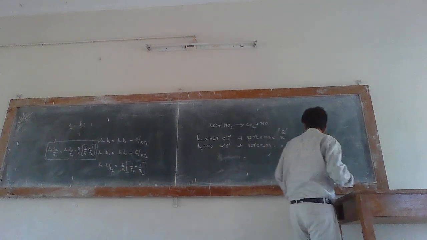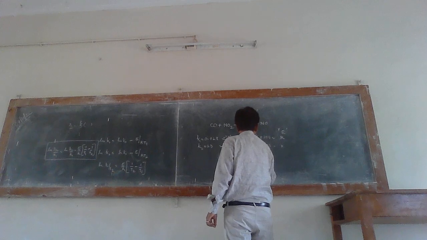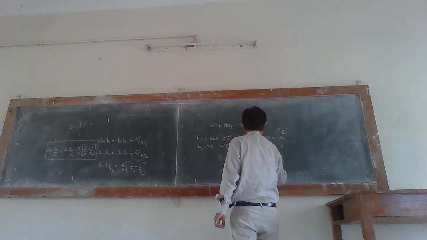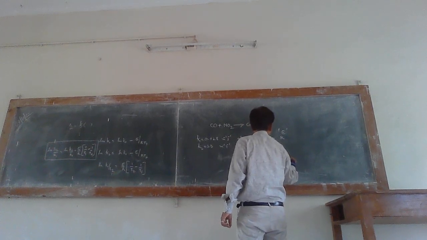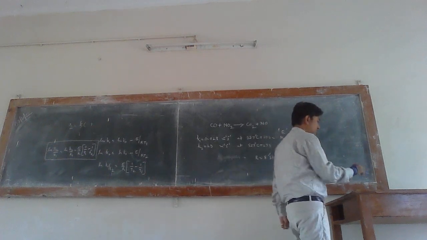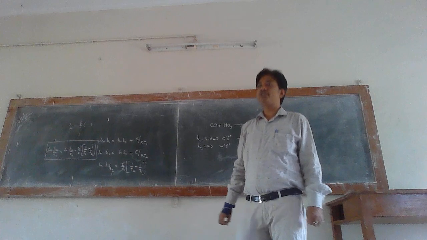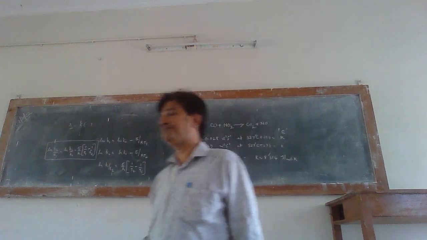So what is the value of R, the universal gas constant? 8.314 joule per mole Kelvin. Okay, so take the R value and solve it. Tell me.